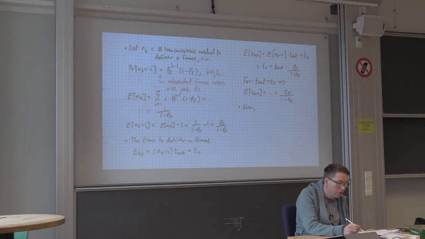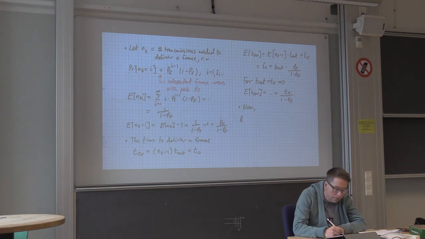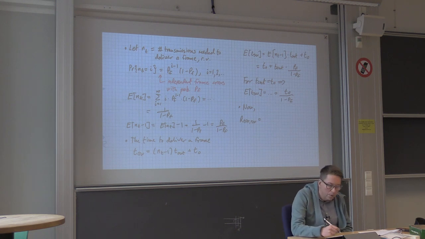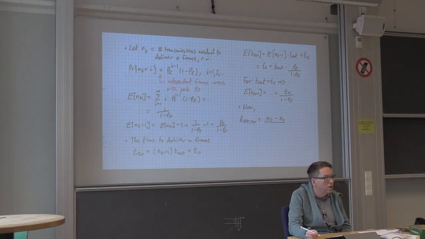Okay, but we're interested in the effective rate here. So the effective rate for stop and wait, R_F,SW. It is as before: NF is the number of bits in the frame, and then we subtract off the overhead bits, check bits, headers, whatever. Then we get the number of bits in the service data unit, and then we divide by the time it takes to deliver this.